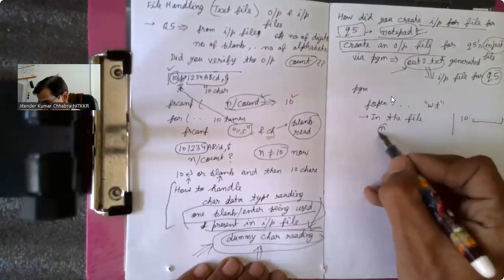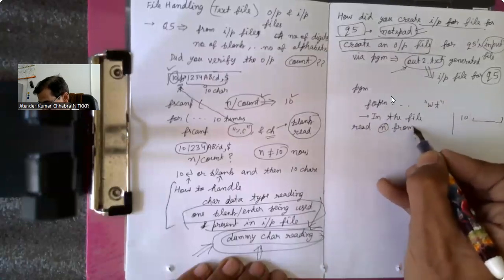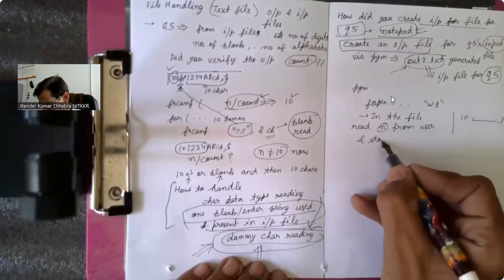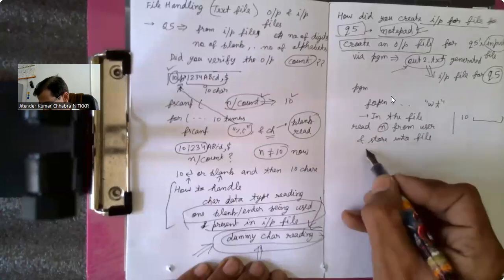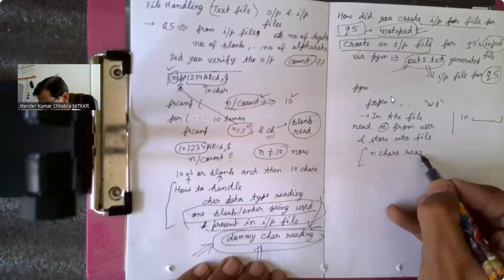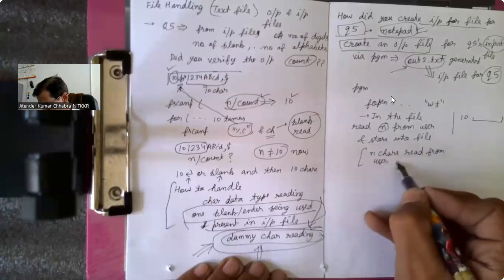So n the user will tell and store into the file, and then similarly n characters read from the user and stored into the file.